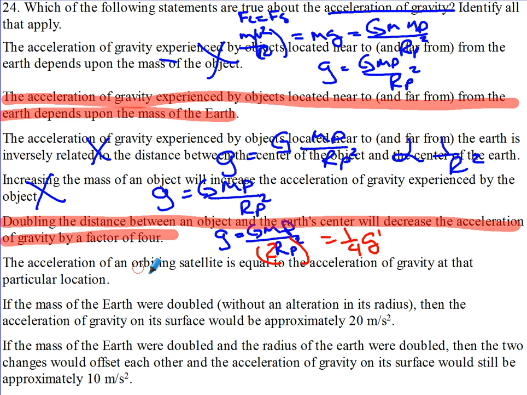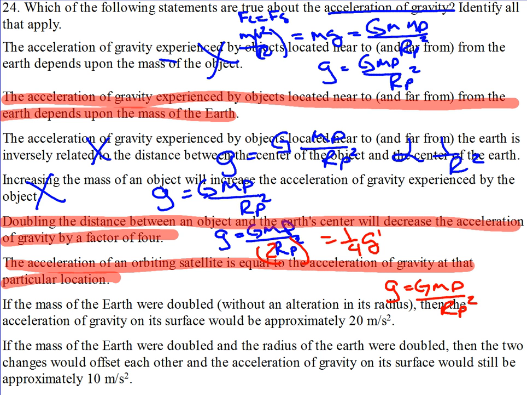The acceleration of an orbiting satellite is equal to the acceleration of gravity at that particular location. Yes, that's what we've been saying all along. Excellent. If the mass of the Earth were doubled, then the acceleration due to gravity on the surface would be about 20. Well, let's look at the numbers. g is G, mass of the planet, divided by the radius of the planet squared.